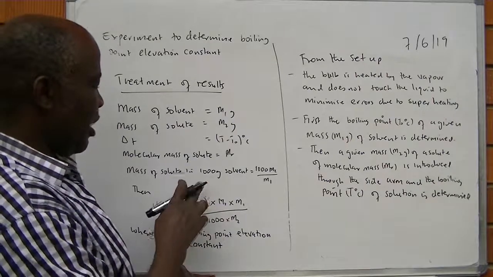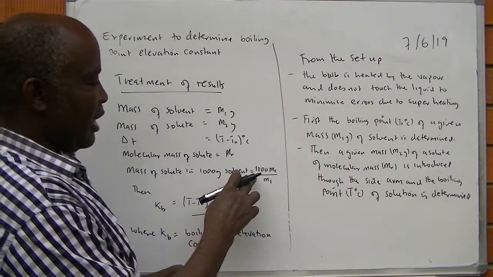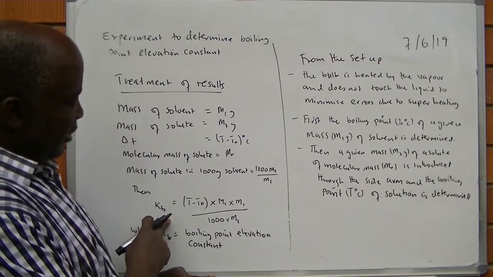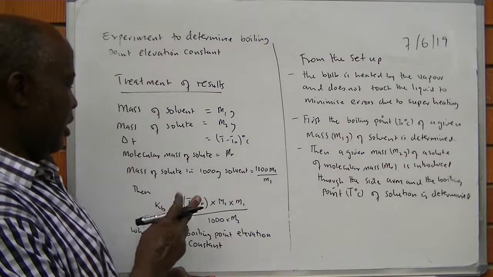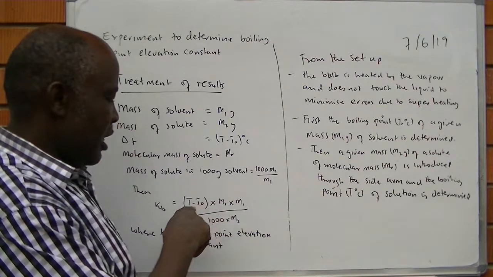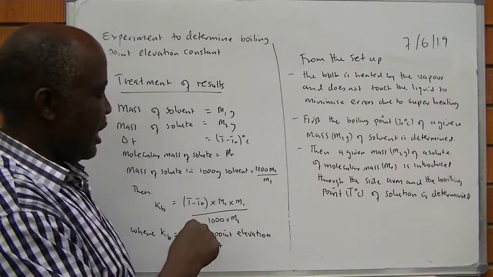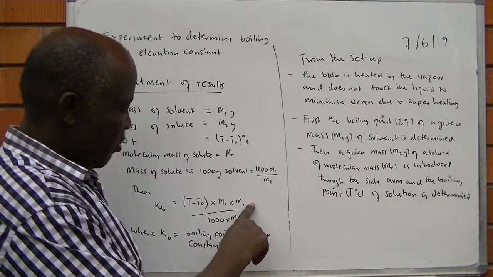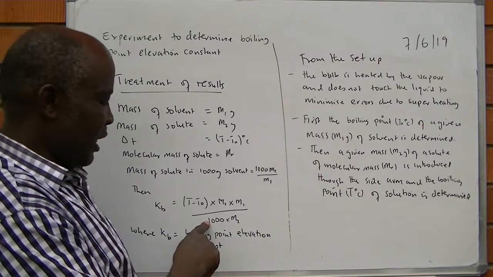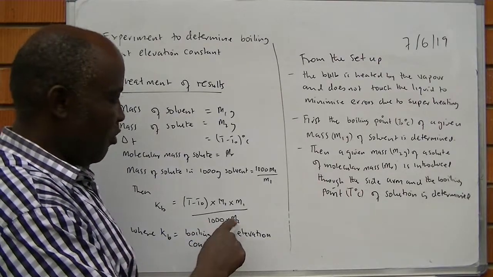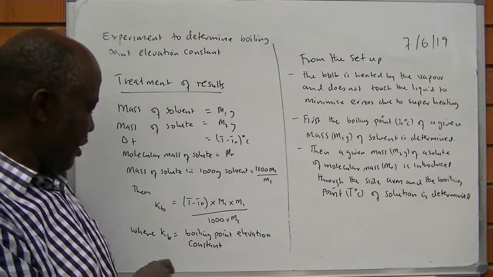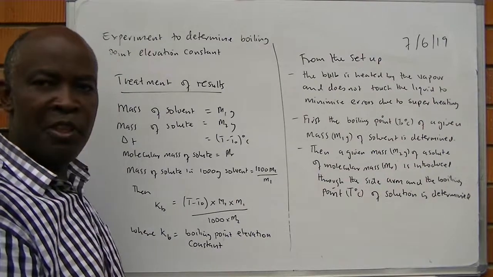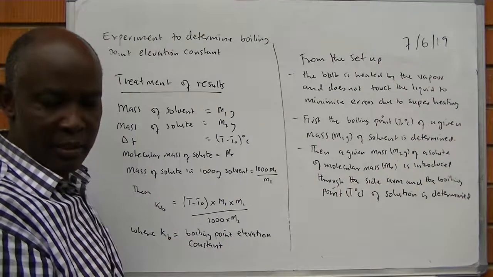Therefore, 1,000 grams of a solvent will contain 1,000 M2 over M1. Then Kb will be equal to boiling point elevation times the molecular mass of a solute times the mass of a solvent over 1,000 times the mass of a solute, where Kb is the boiling point elevation constant.